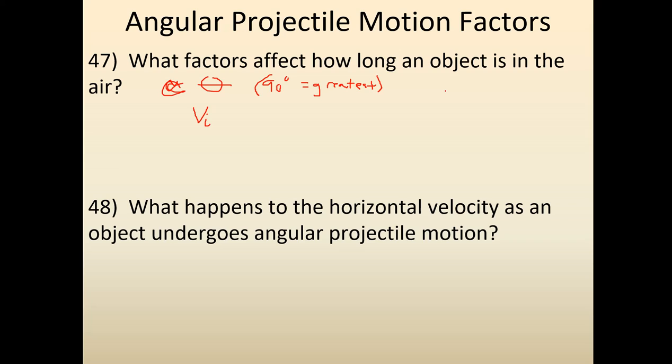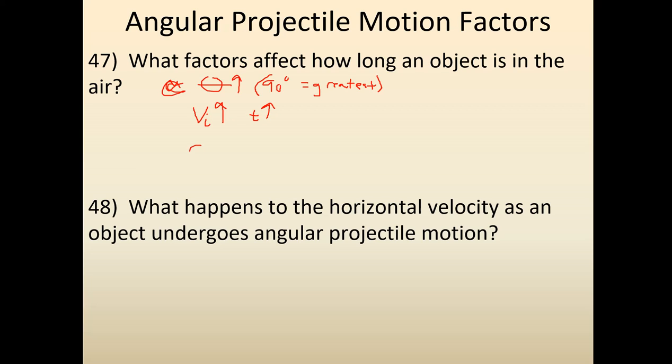In particular, it's actually Vi in the y direction, but if you have something shooting at 10 meters per second at some angle, and then you increase it to 15 without changing the angle, you are still changing the vertical velocity. So as the initial velocity increases, then time increases.